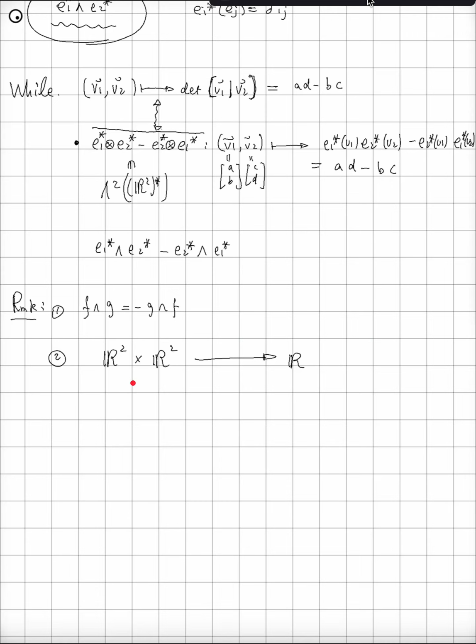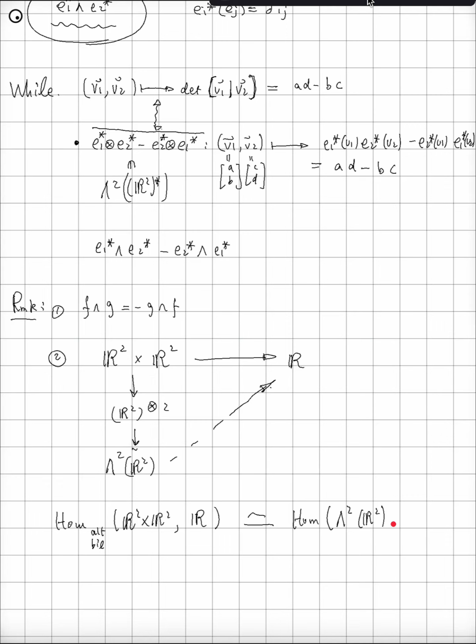What we really do is that those alternating bilinear maps from R2 product R2 to R are bijective with homomorphisms from this, by the definition and construction.